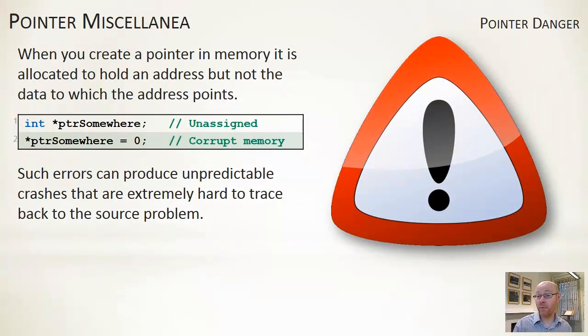But we'll start off with some miscellaneous aspects, and here we're flagging up one of the dangers inherent to the use of pointers. And this danger you can see in a line of code over on the left hand side. We're declaring an integer pointer, so it's a pointer variable, it points to an integer, PTR we're calling it.